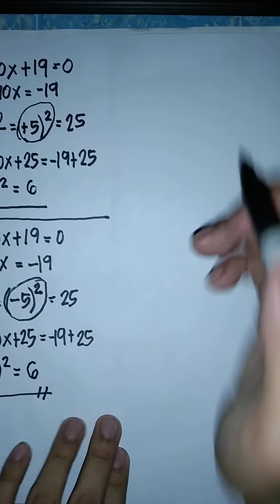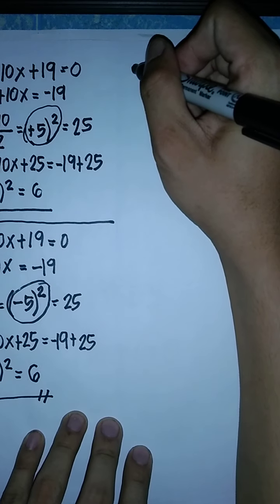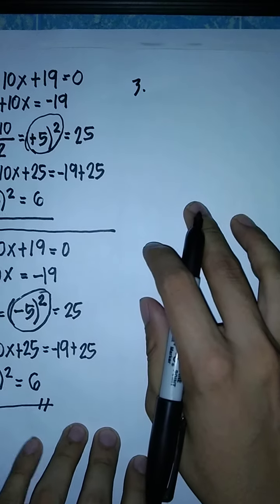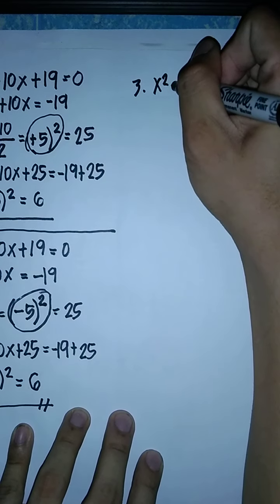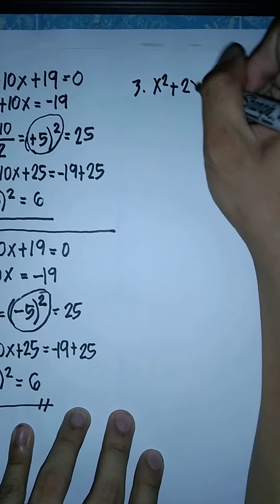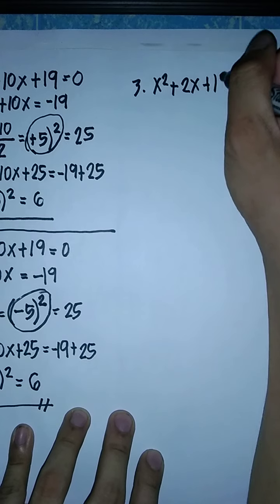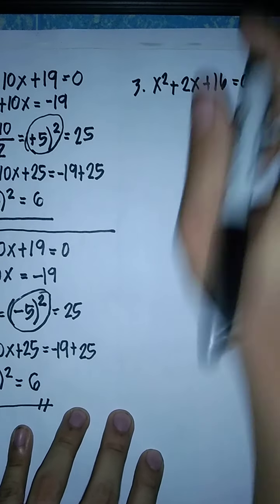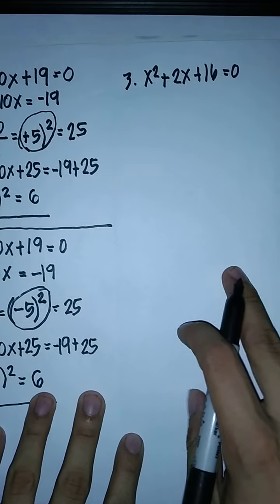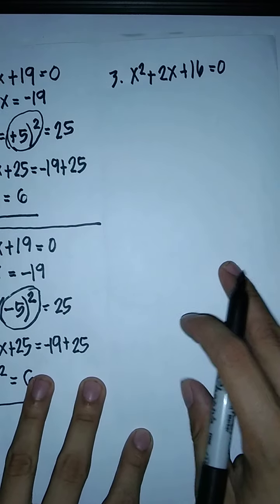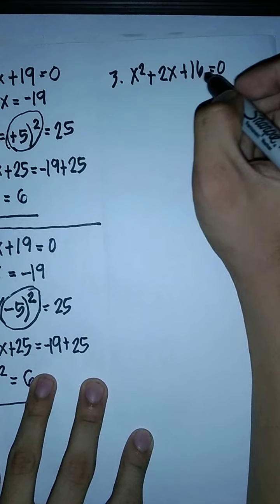Let's have another example. Example number 3. What if we have the given x squared plus 2x plus 16 is equal to 0. Okay. So let's have the transposition ng ating constant.